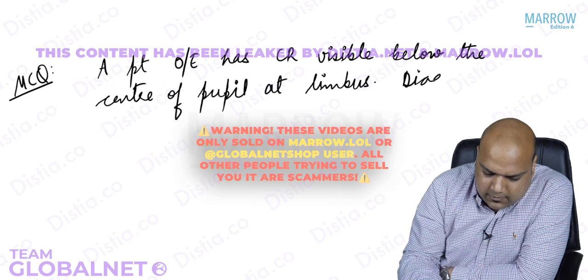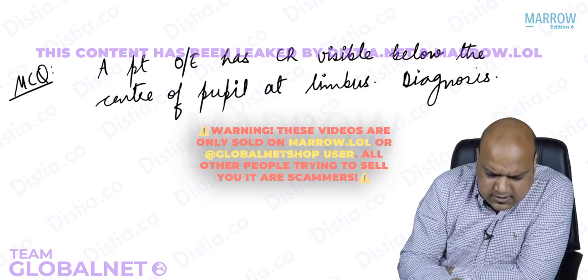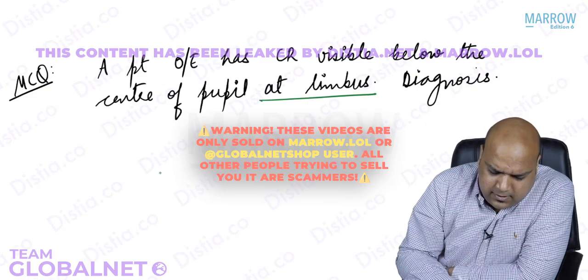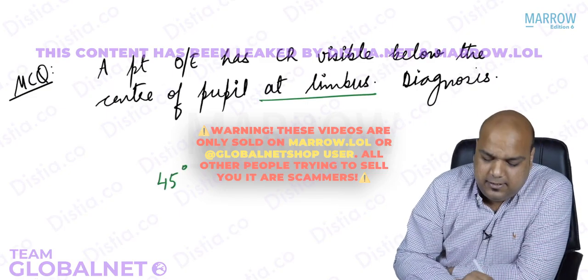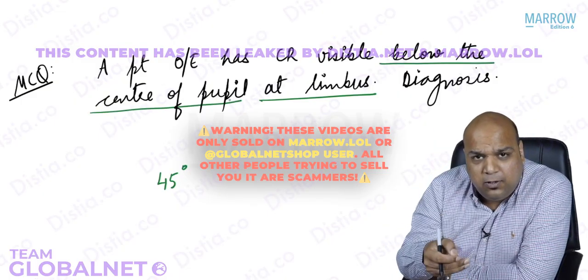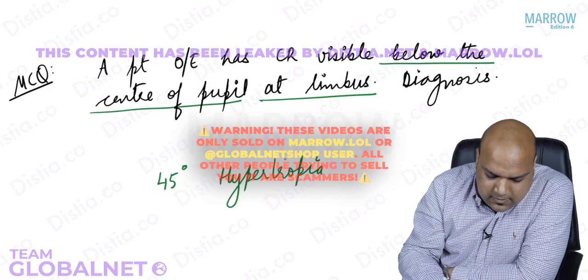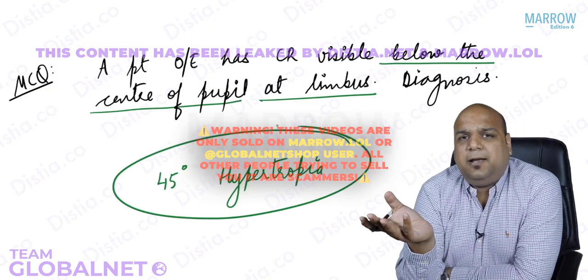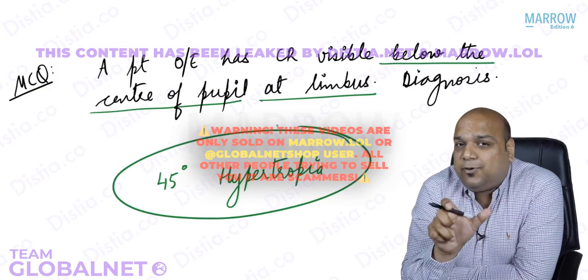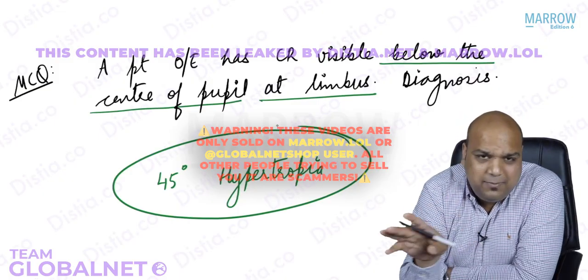What is your diagnosis? Simple theoretical question. 2 answers here, everybody. At limbus should tell you 45 degree. Below the center of the pupil, that means the reflection is below, that means the deviation is up. Deviation up means hypertropia. 45 degree hypertropia. So the 2 rules are combined in a theoretical question and asked to you. I hope there is no confusion about this. Yes, guys, everybody clear about this?